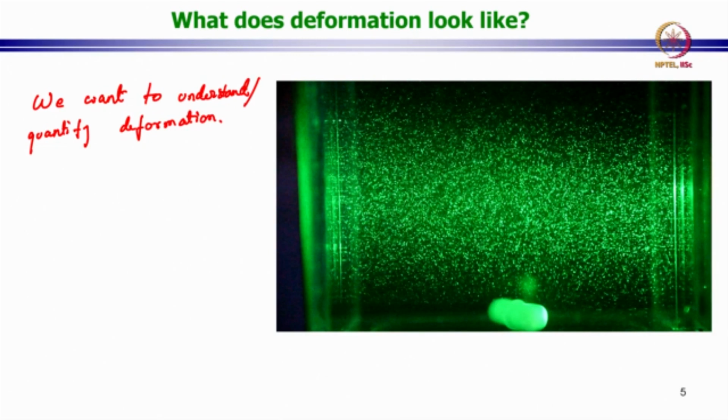This course is designed to be an experimental course or a prime introductory experimental course in understanding deformation. So we are interested in real bodies which deform.